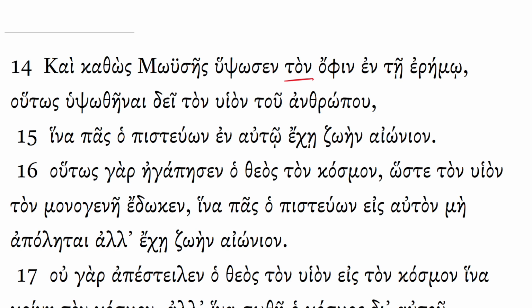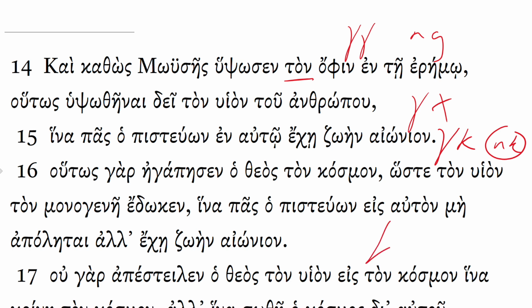I should have mentioned in the lecture video that when you have two gammas together, it's not pronounced g-g, it's pronounced ng, right? Gamma gamma together is an ng sound, but gamma kappa or gamma chi is also an ng sound. For example, the word in Greek for angel, angelos, that's two gammas together, makes an ng sound, angelos.